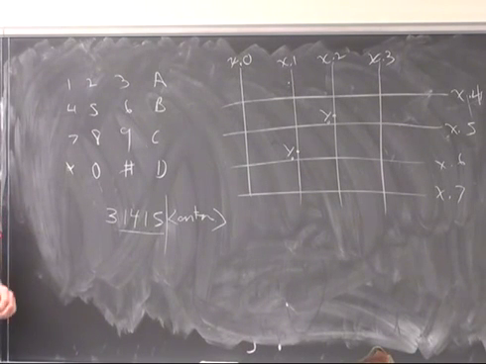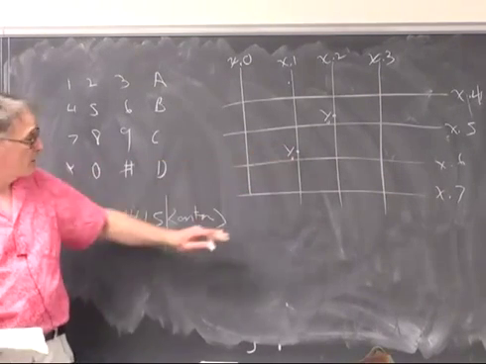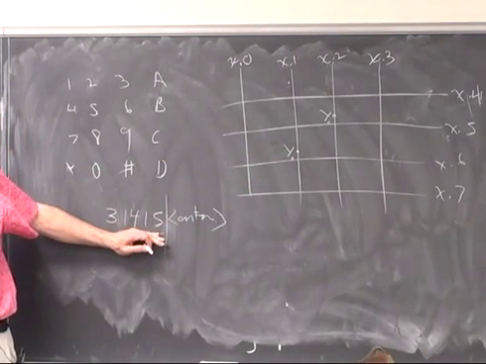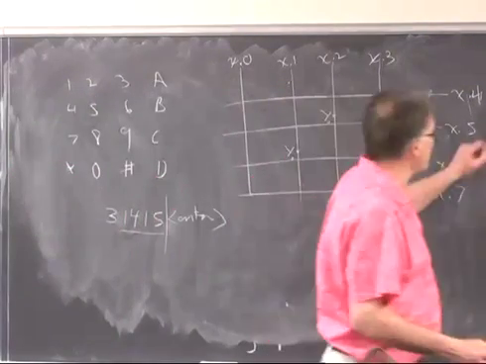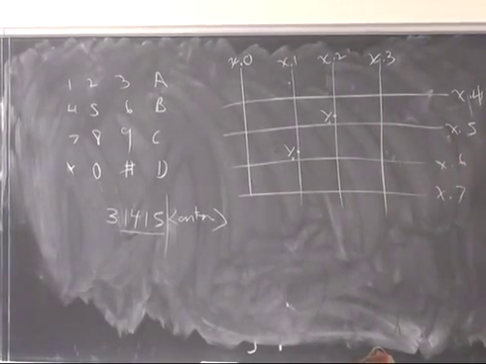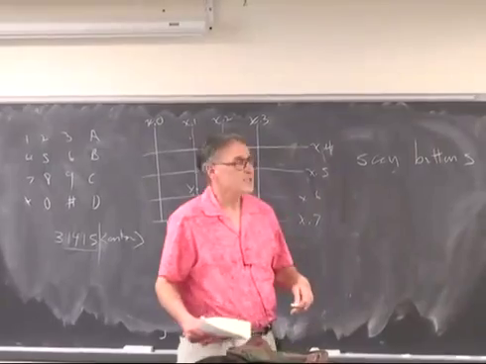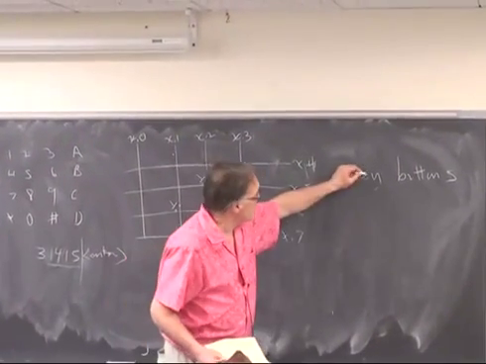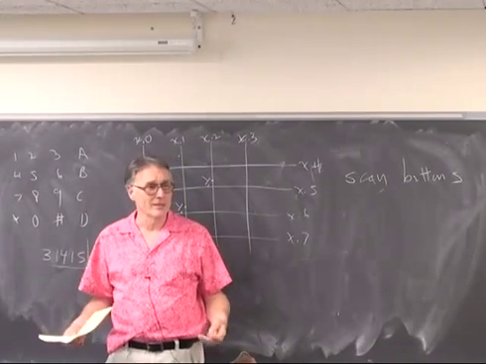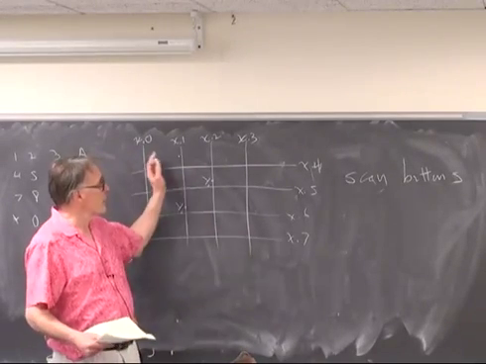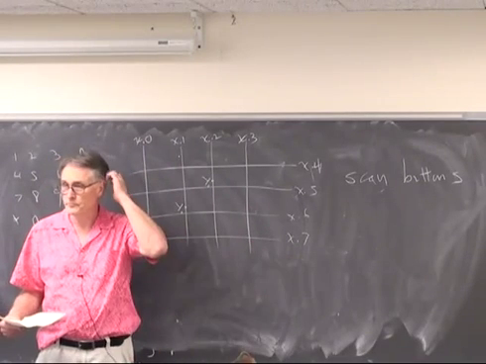So there are several steps we have to do to get from raw key presses to decoded string. The first is that we have to scan the buttons. We have to do this fast enough so that we're not going to miss a key down by a human. So about every 30 milliseconds or so, you have to test all of the buttons and see if any one of them is pushed.